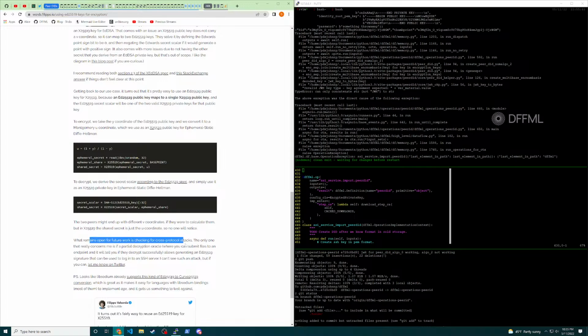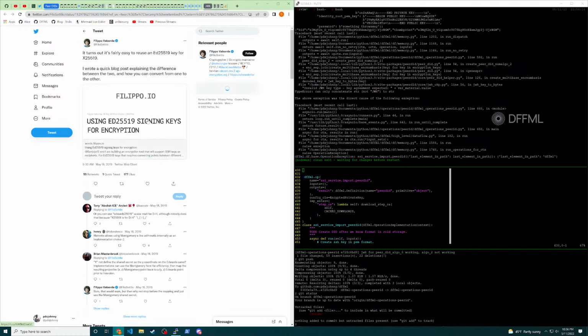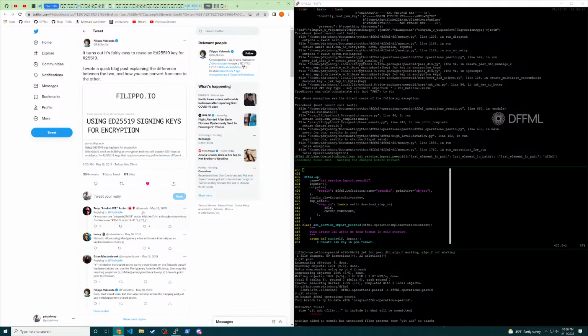Remains cross is checking for cross protocol attacks. Partial decryption oracle generated can be used into. Okay. Let's see.